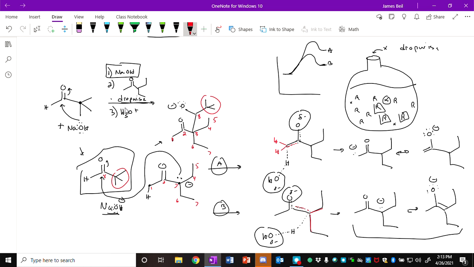And the H3O plus is just there to protonate that oxygen. So we'll just draw that over real quick, a little bit nicer.